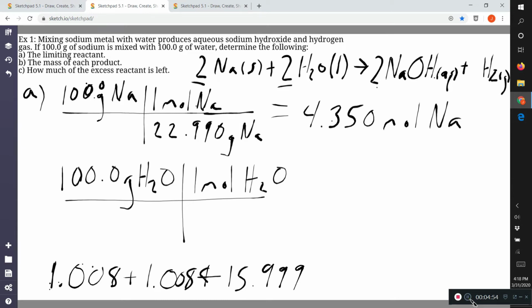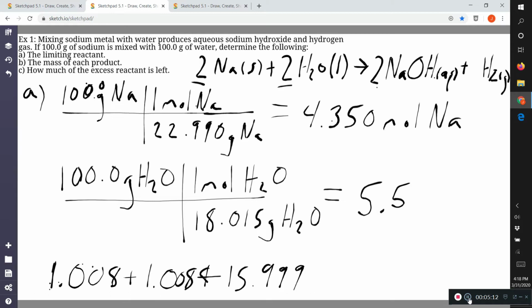So let's add that up. And we get 18.015 grams H2O. Do that calculation. We get 5.551 moles of H2O.